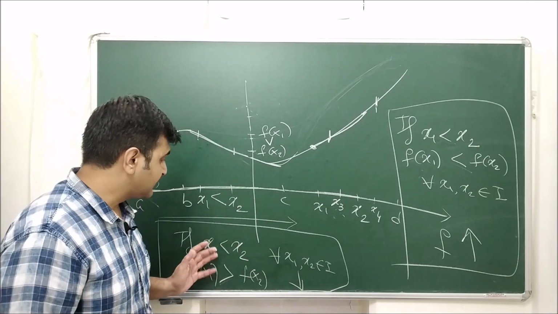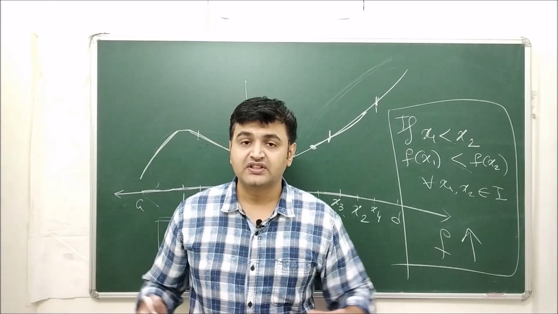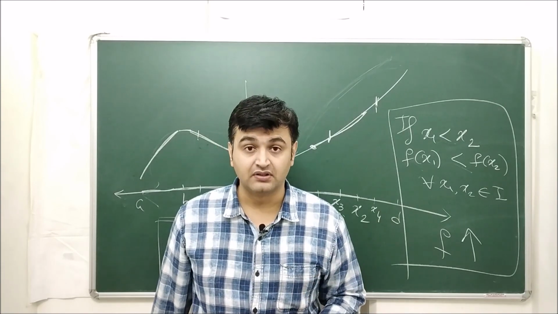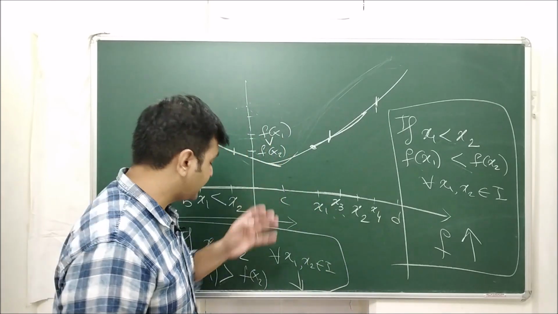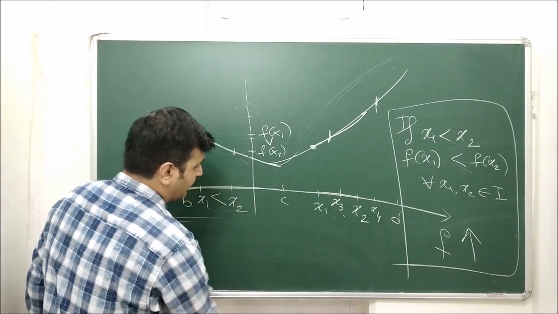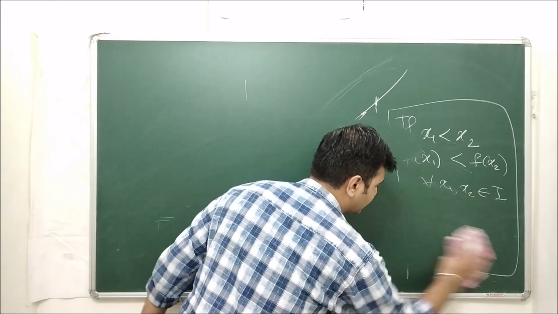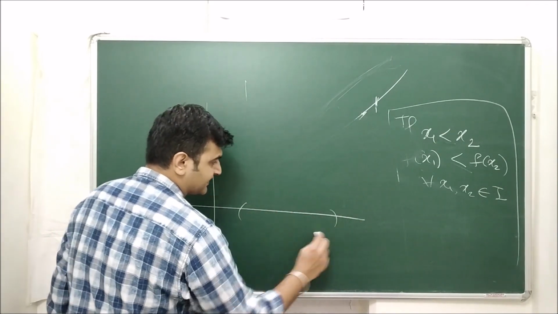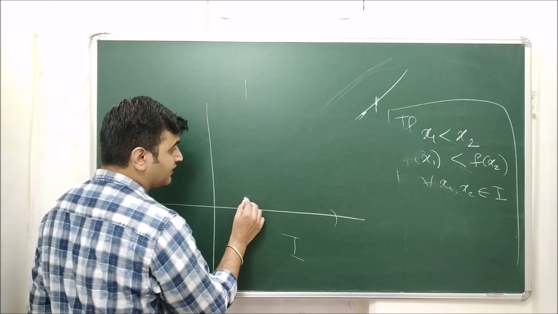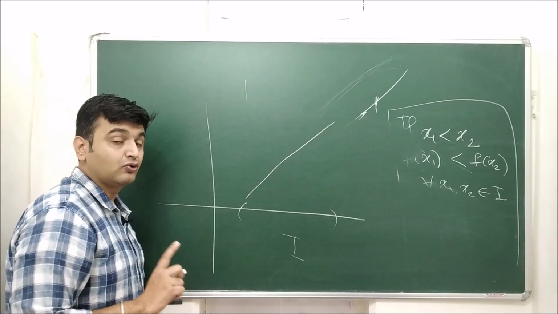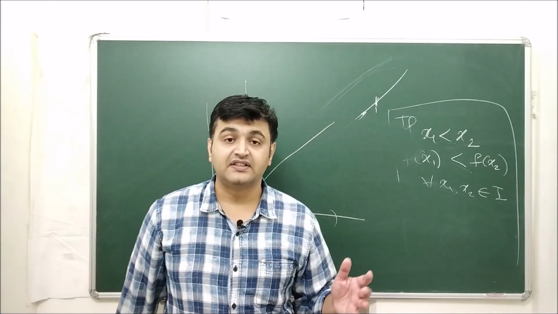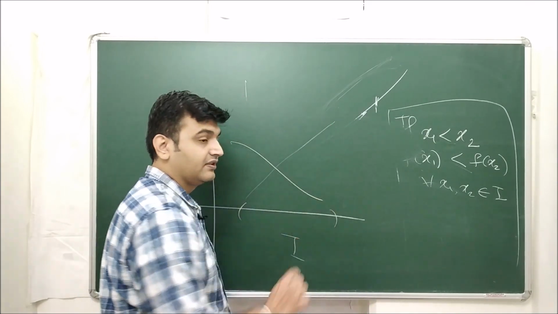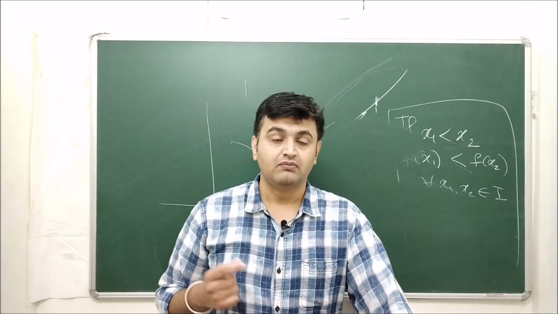So there's the notion of increasing and decreasing, and now the question is, when do you say a function is a monotonic function? Let me again draw the graph so that it will be easy for you to understand. Over an interval, suppose this is my interval I, if the function is increasing only, then we say the function is a monotonic function. Or if the function is only decreasing, then we say the function is a monotonic function.